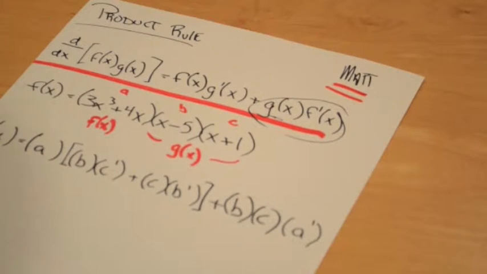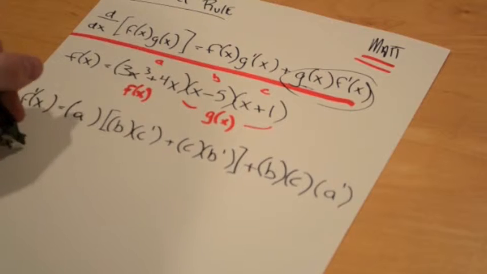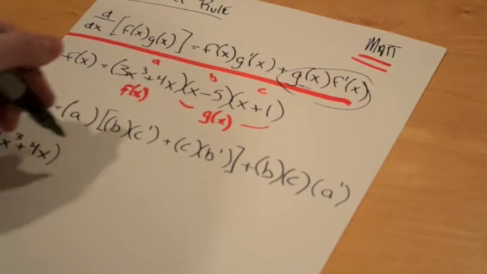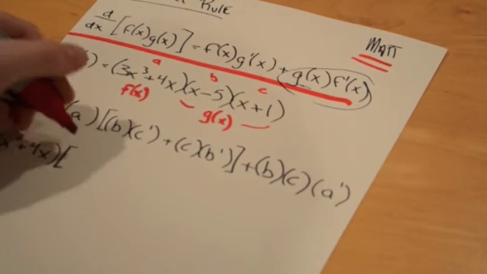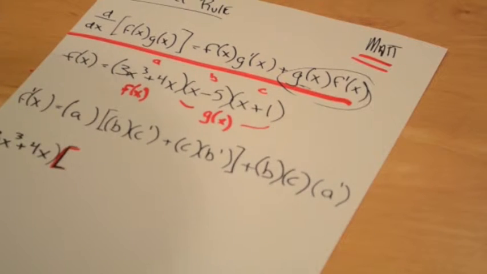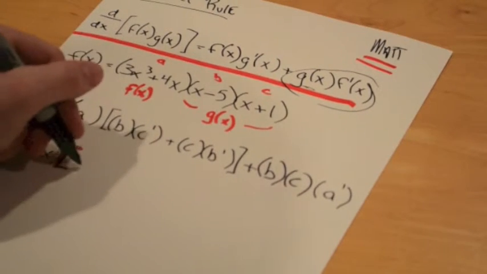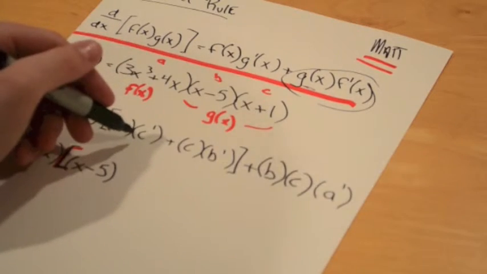So the first thing that you want to do is just plug in things. So a right here, we got 3x to the third plus 4x. Okay. Then we got a product rule right here. I'm actually going to color code this to make it easier. It's easier to figure out. Okay. So b, which would be x minus 5, multiply the derivative of c.